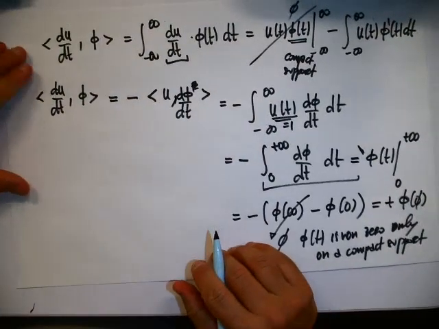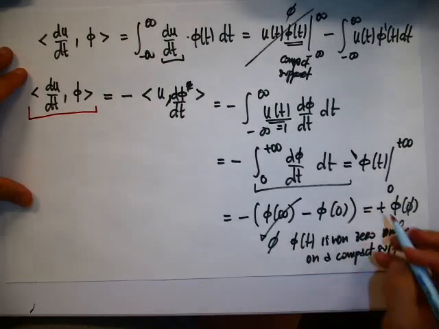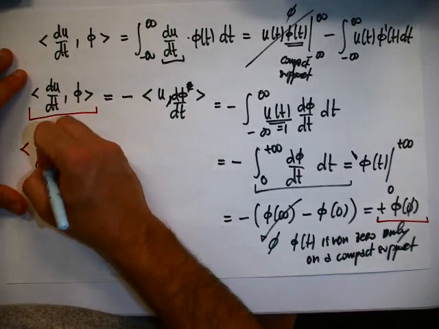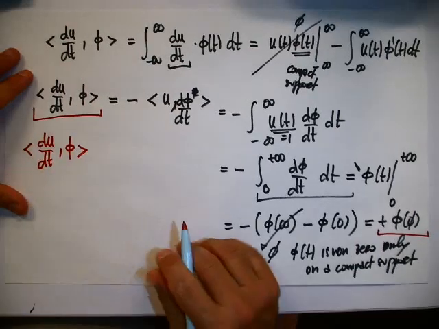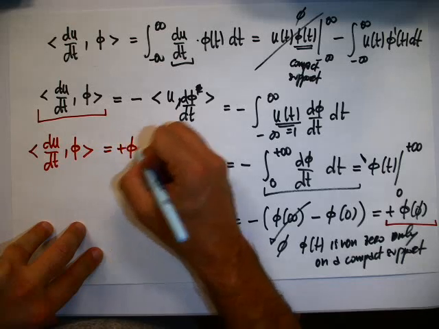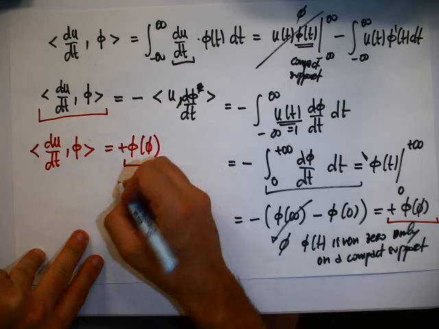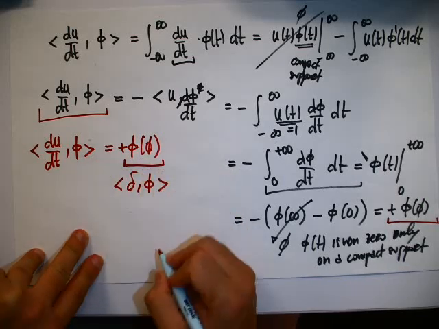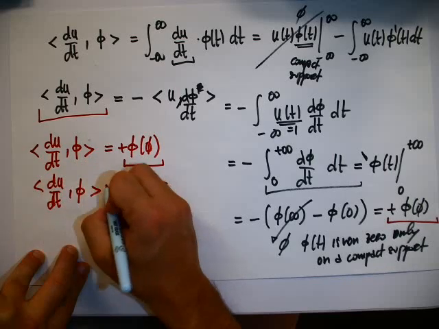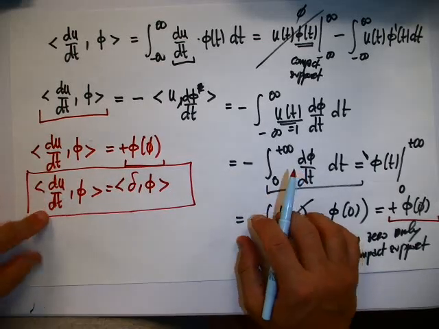So what do we have here? Very nice results. We start with the derivative and we end up with these results. So the derivative of u(t) as a distribution is equal to plus phi at 0. But we know what this distribution is. This is a distribution of a delta by definition. So we proved that the distribution of u'(t) is basically a distribution of delta.